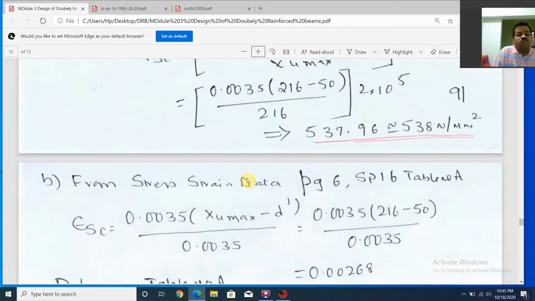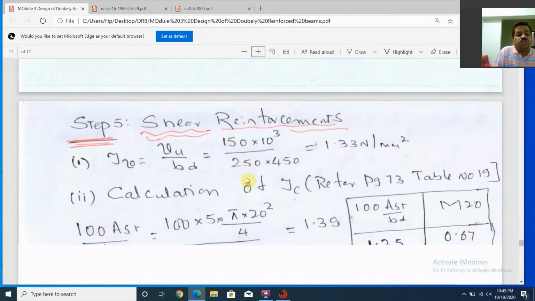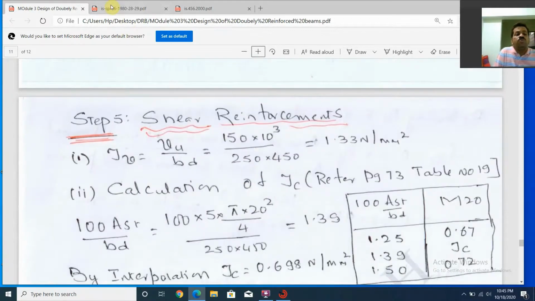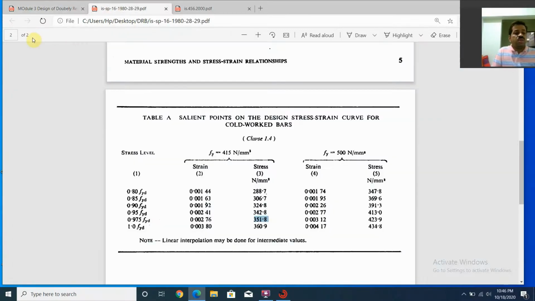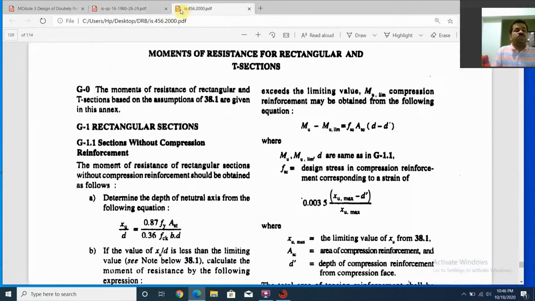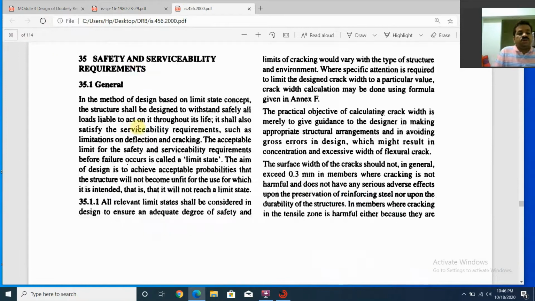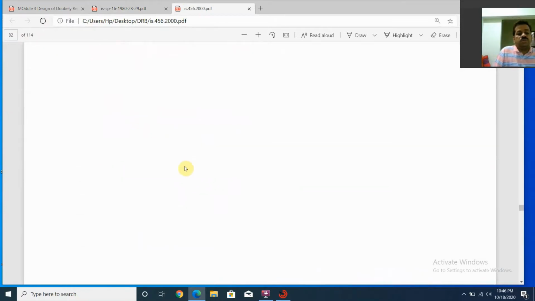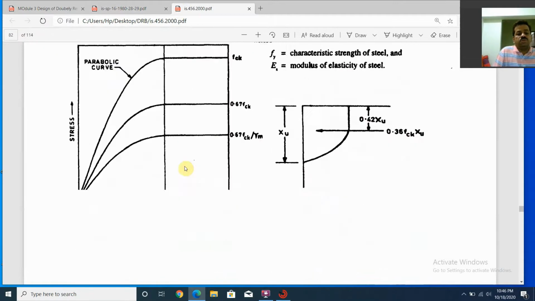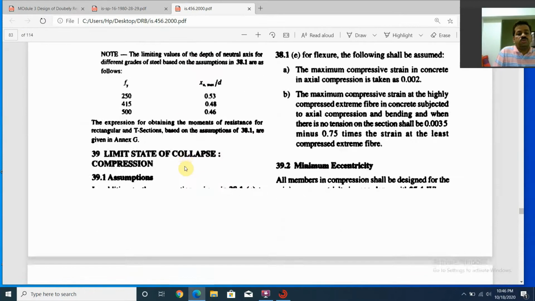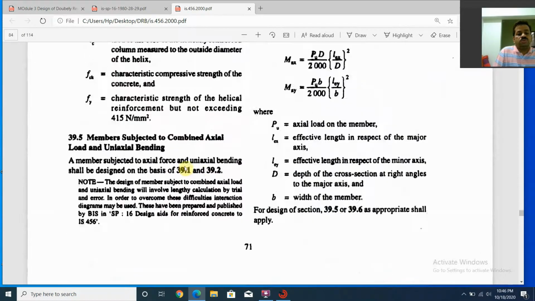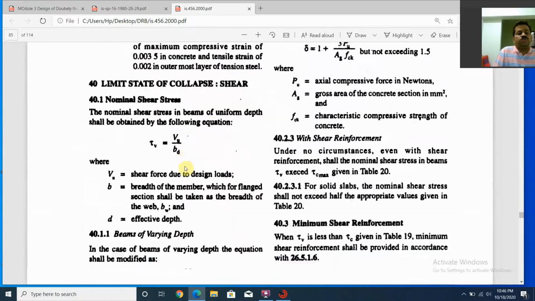So hence we go with the procedure which is given in the code book, page number 72. So you have a procedure here.